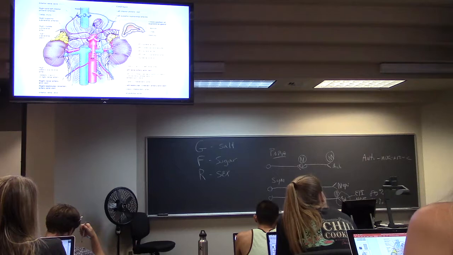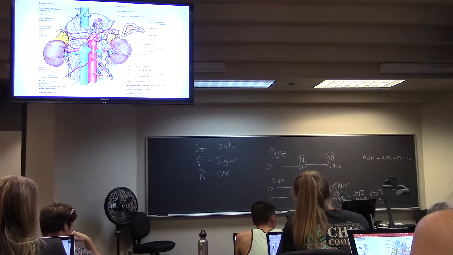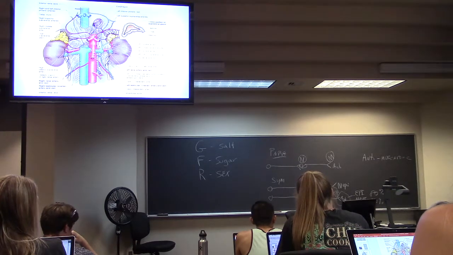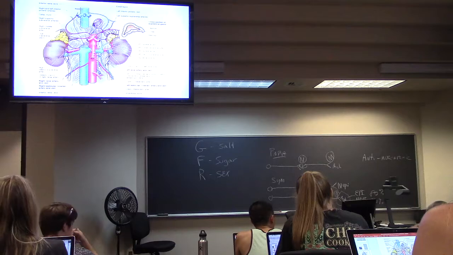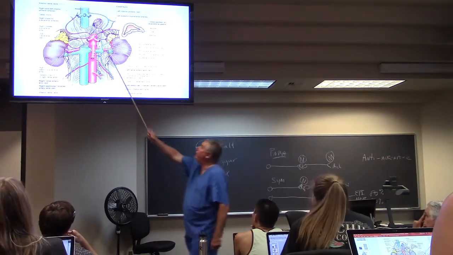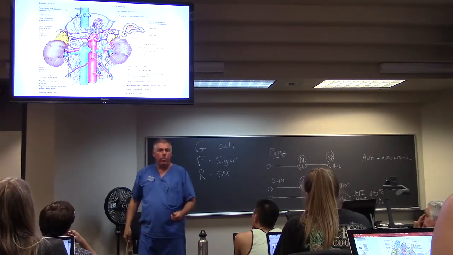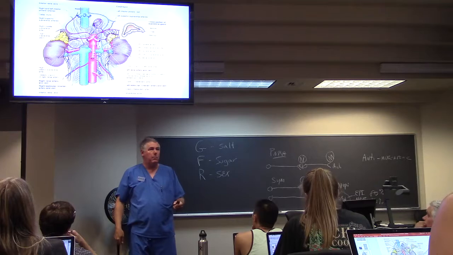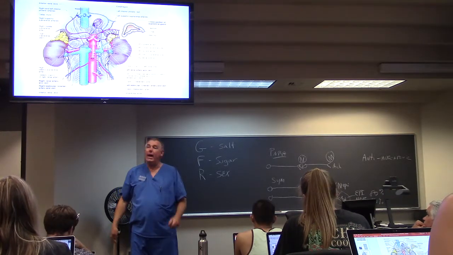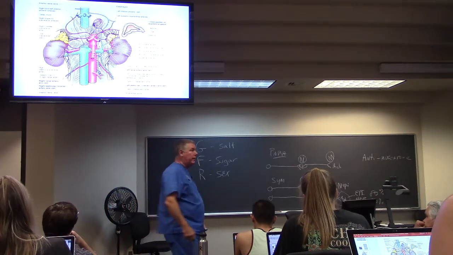The question is, why is it so instant? How many heartbeats do you think it takes to get venous blood from here to the heart? Probably just one, maybe two. Because that's where this blood is going. It's not going to the liver, it's going directly to the heart.